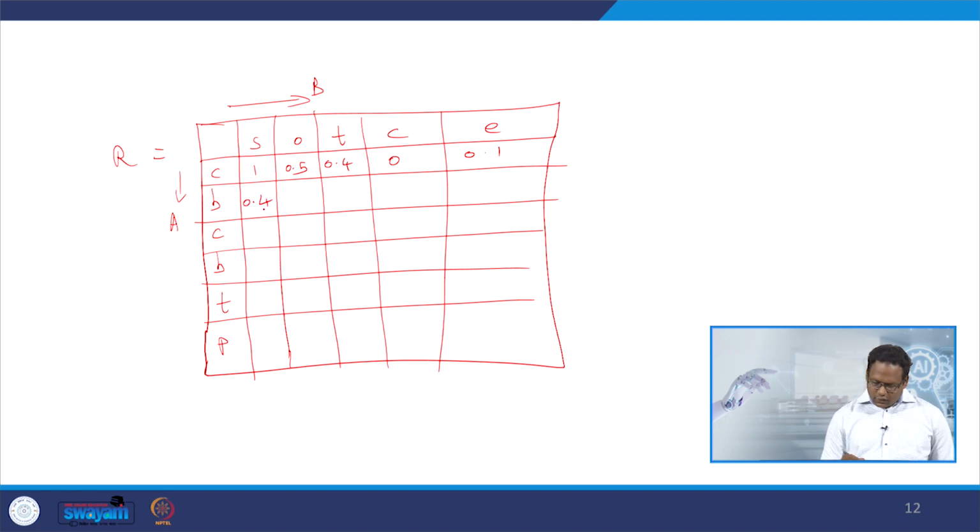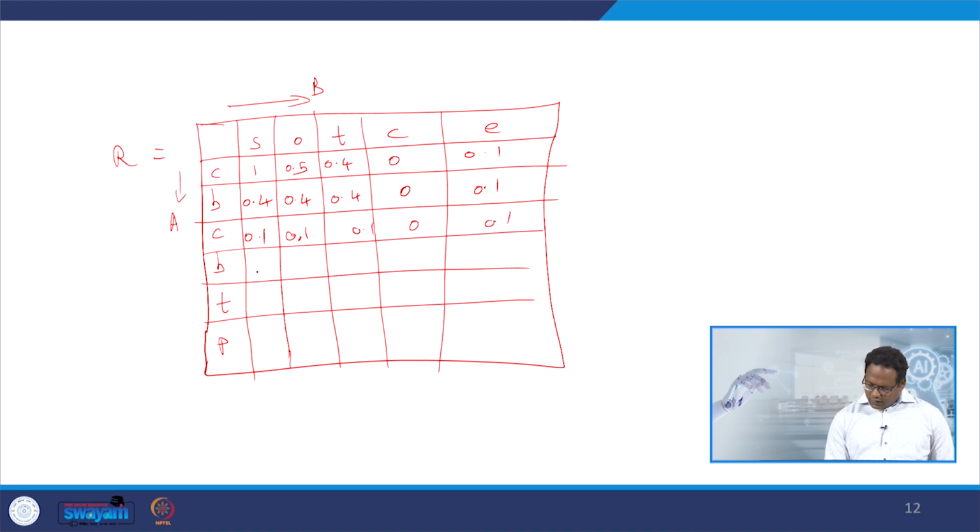Likewise, for boat, for all the 5 shapes, we get the minimum of the 2 values: 0.4, 0.4 and 0.4 with 0 and 0.1. For church, we get 0.1, 0.1, 0.1, 0 and 0.1.